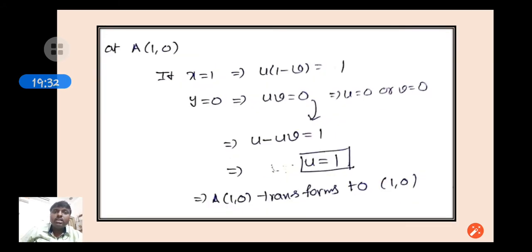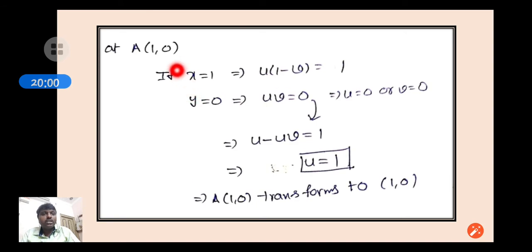Now go through the another point A, 1 comma 0. So here the x coordinate is 1, you are taking x equal to 1, in other terms, the upper limit of x. If x equal to 1, then u into 1 minus v is equal to 1. From this one, you can't say anything about u and v, so it is not useful to our solution.